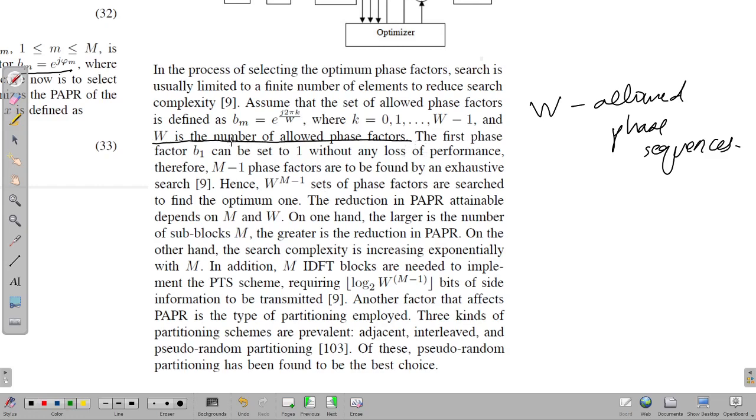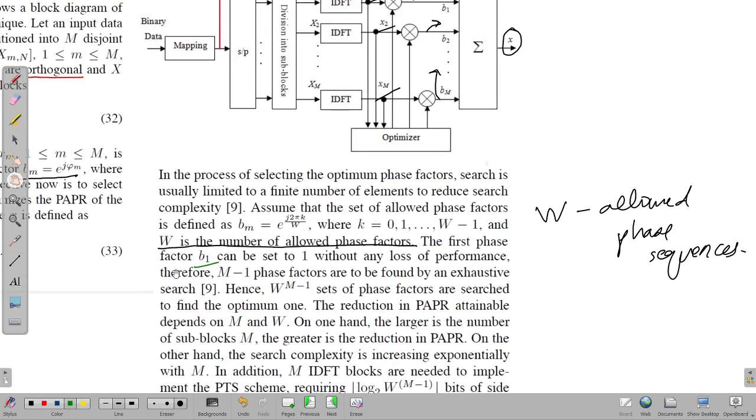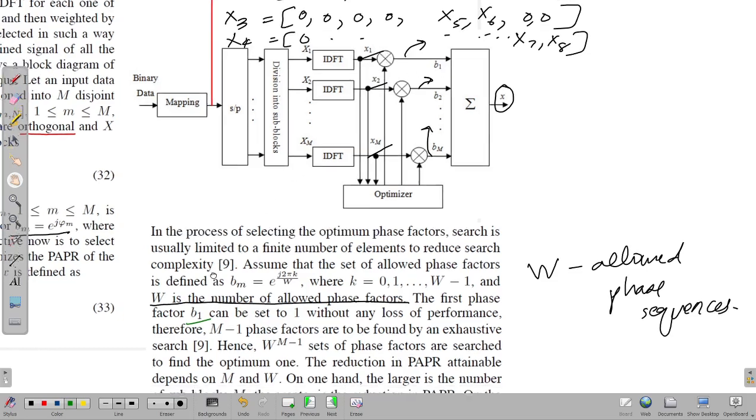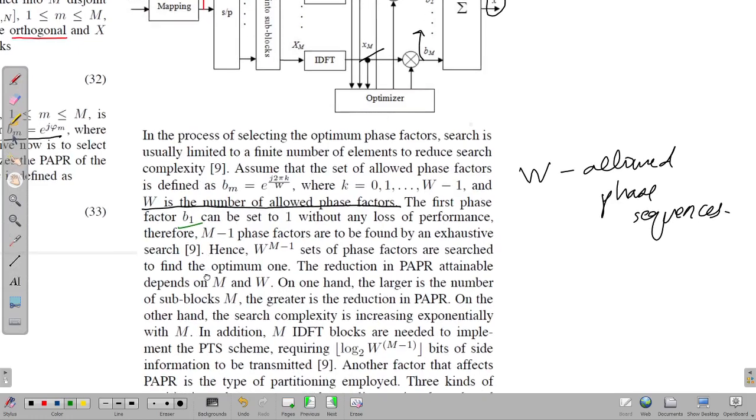Usually the first phase factor b1 is set to 1, which means this signal x1 will get multiplied by a phase factor 1, which means it doesn't have any change for the signal. So the output of this multiplication is going to be x1 itself. It doesn't impose any change for the signal.